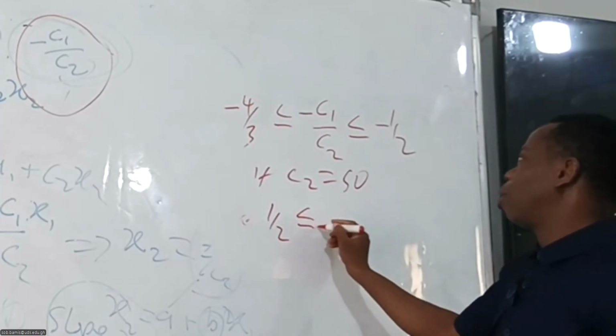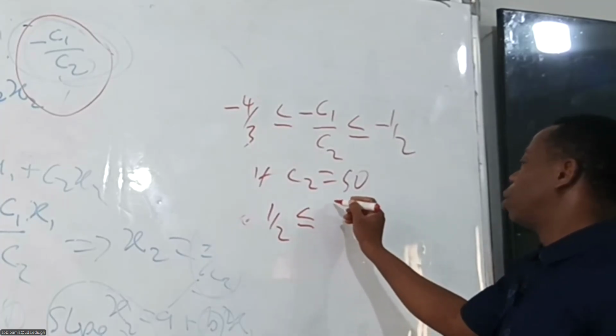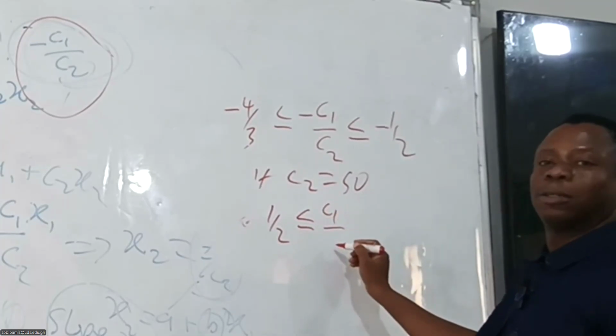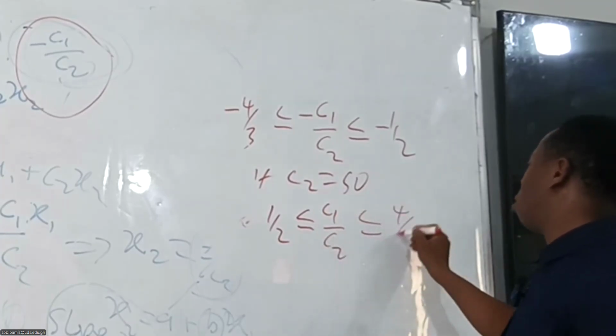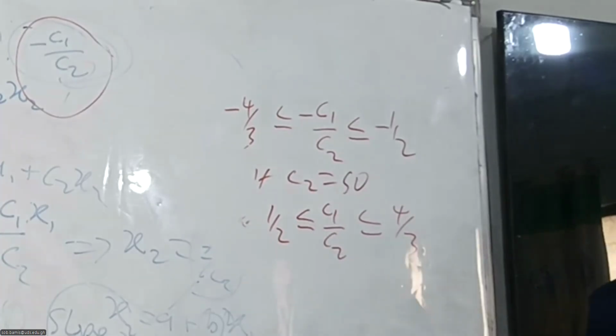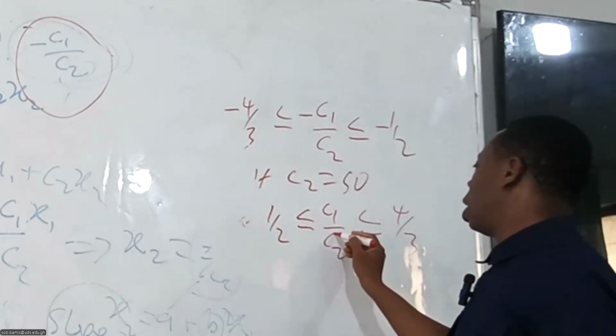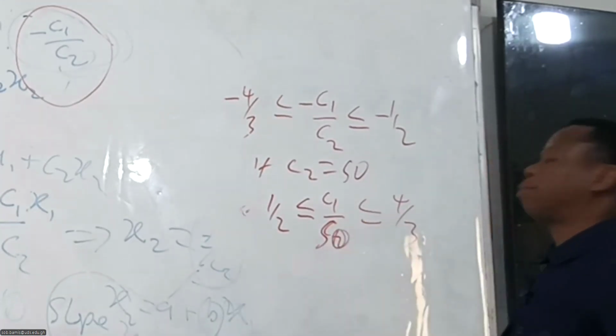It is now less than or equal to C1 over C2, less than or equal to 4 over 3. But we said that C2 is 50, so let's replace this with 50.